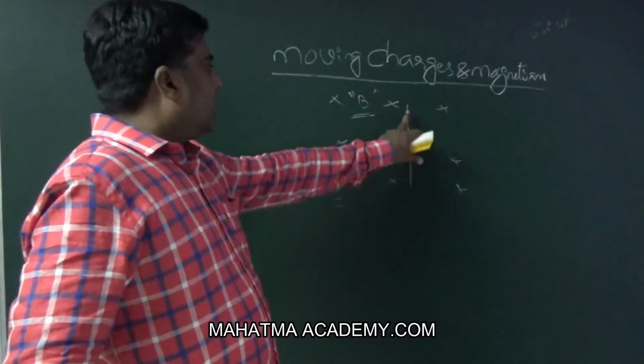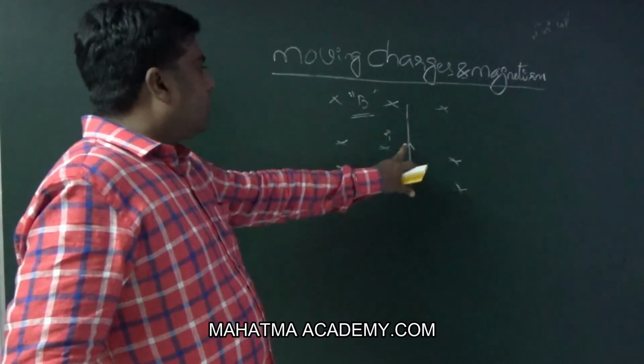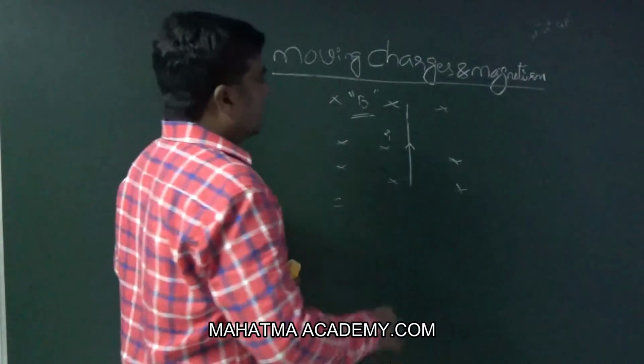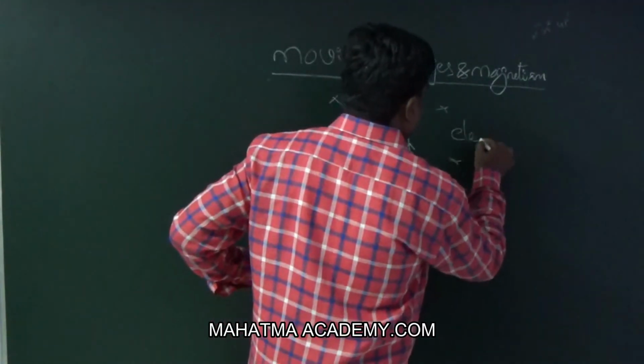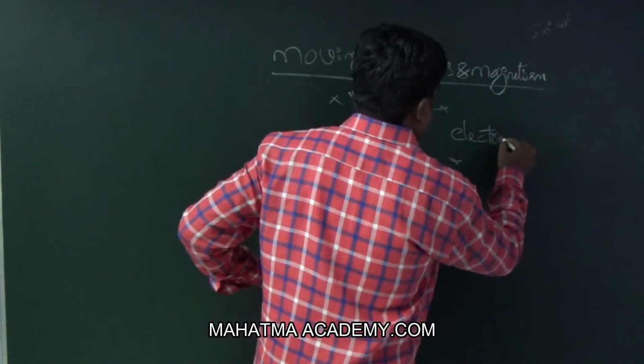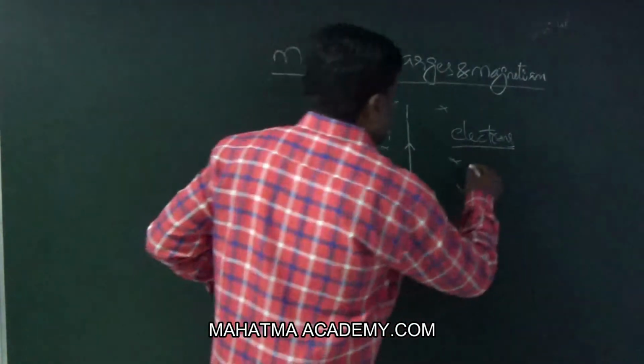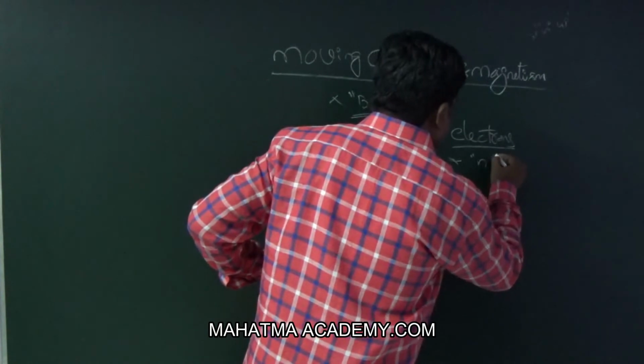In the current carrying conductor, what are the current carriers? Electrons. Here electrons are the current carriers. Suppose in this conductor the electron density is n.